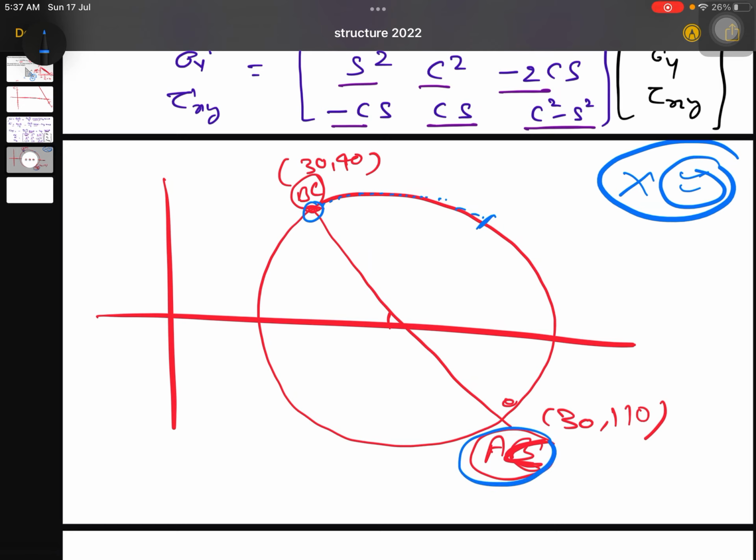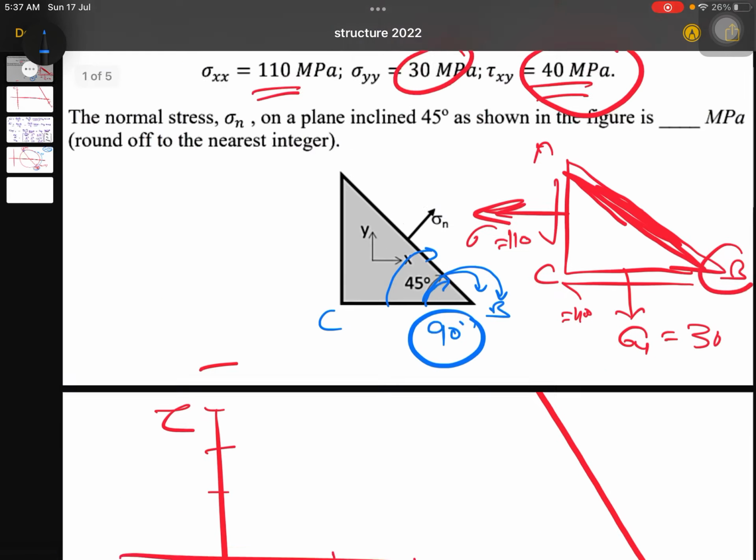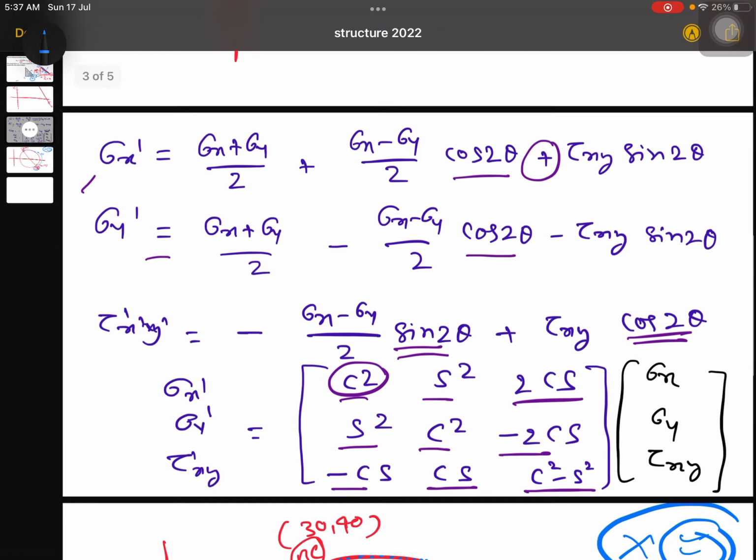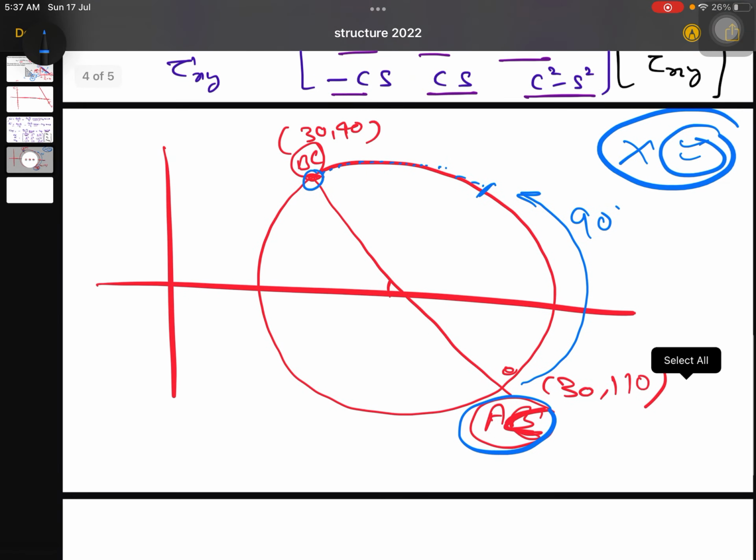So from AC plane also, this plane is at 90 degree, but you can see, come here, this is your AC plane, correct? So from AC plane, it is at 45 degree, this plane, but anti-clockwise. And from BC plane, it is again 45 degree clockwise. So you can either take a reference of this plane from AC, or you can take from BC also. You will be reaching this plane.